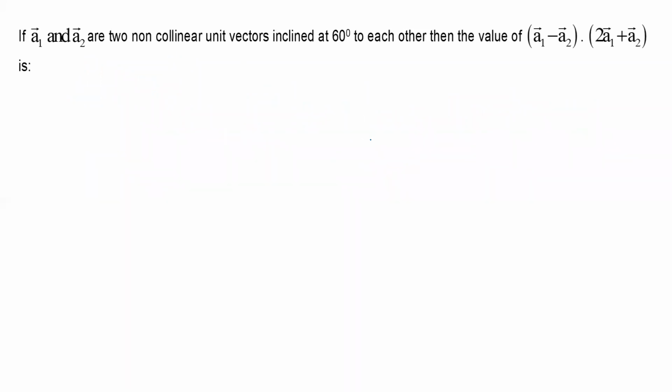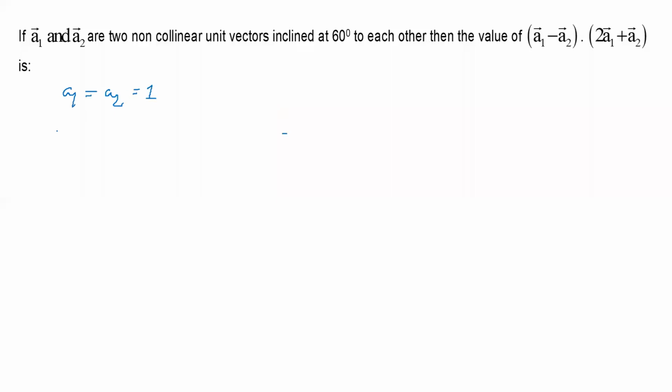If A1 and A2 are two non-collinear unit vectors inclined at 60 degrees to each other, then what will be the value of A1 minus A2 dot 2A1 plus A2? Students, they are two non-collinear unit vectors. Unit vectors mean A1 is equal to A2 is equal to 1, because its magnitude is 1.